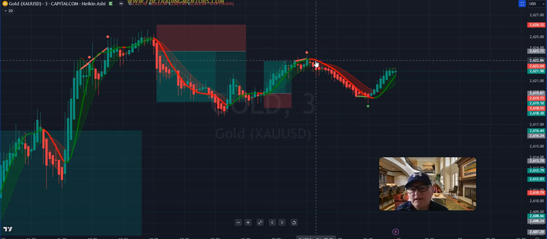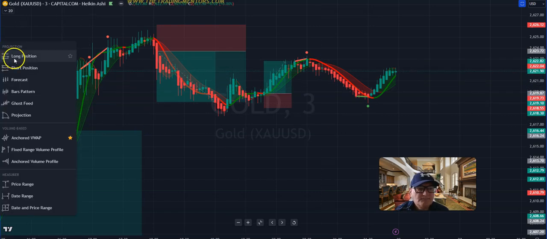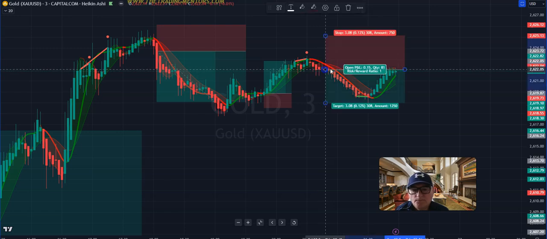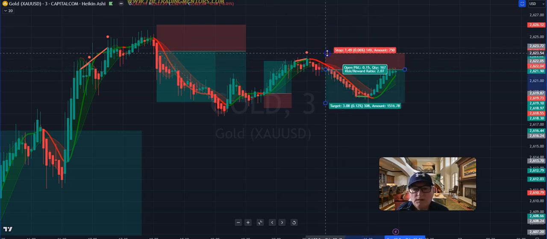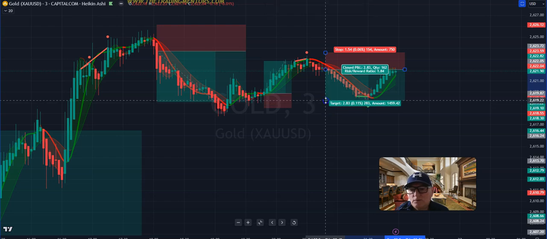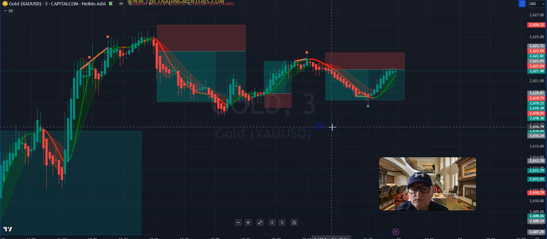Once it turns red, that is your trade. The stop is on the swing high, 15 pips, and you go for 2 to 1. Okay.